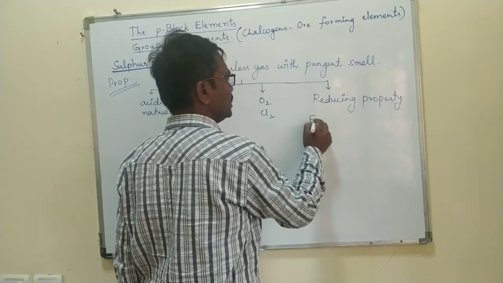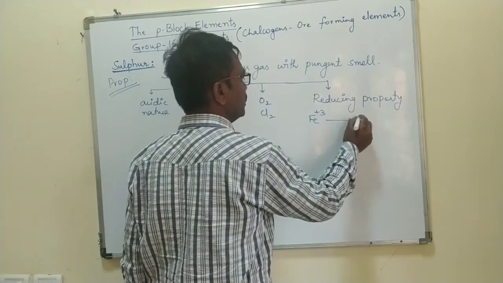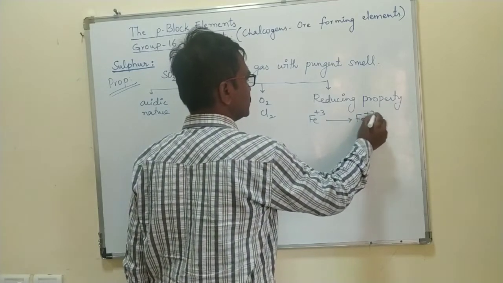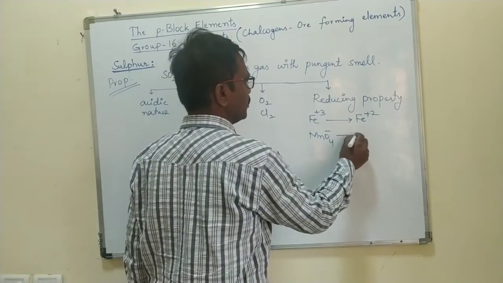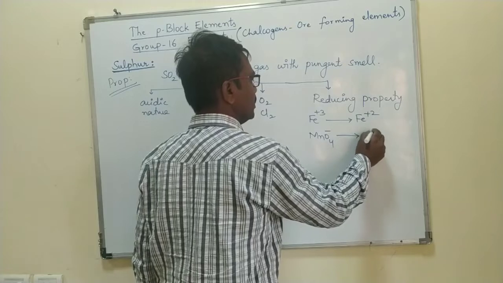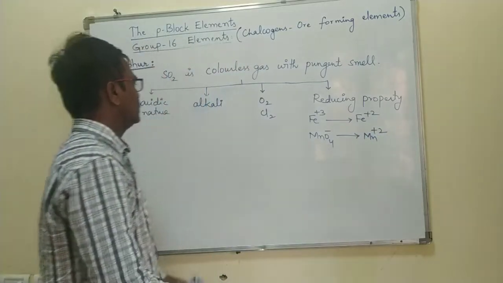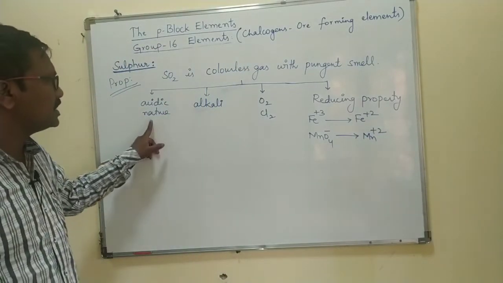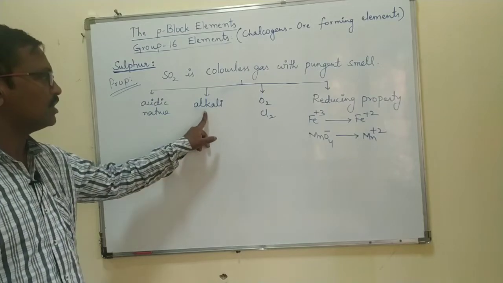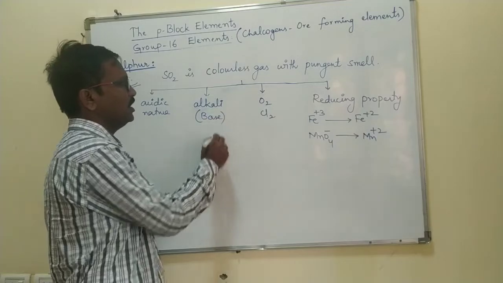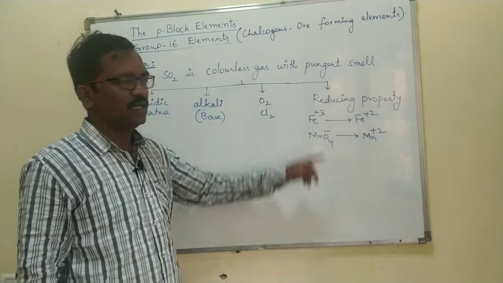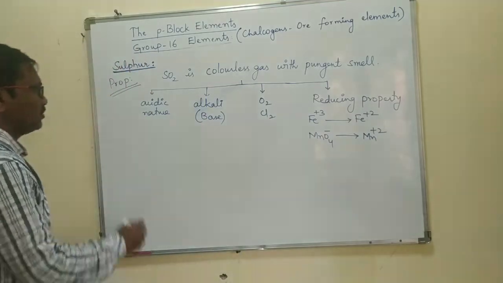So Fe plus 3 is converted into Fe plus 2, MnO4 minus converted into Mn plus 2. These are the four properties. One is acidic nature, reaction with alkali, nothing but reaction with base, right? Reaction with oxygen, chlorine, and the fourth one is the reducing property, right?